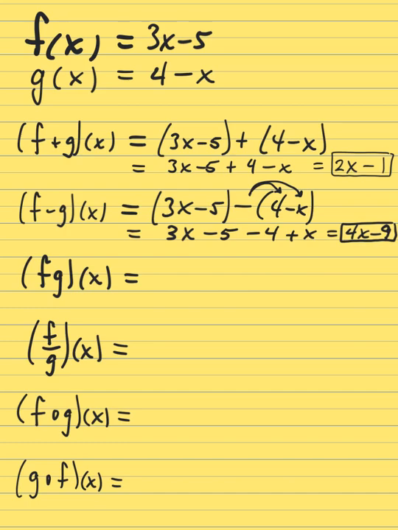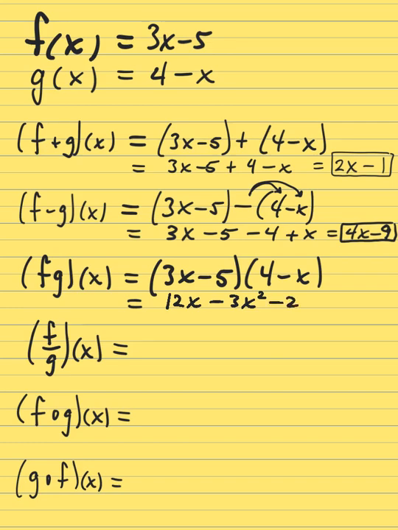For multiplication, because f and g both contain two terms, we'll multiply that out with the FOIL method. First times first. Outside terms, 3x times negative x. Inside terms, negative 5 times 4.